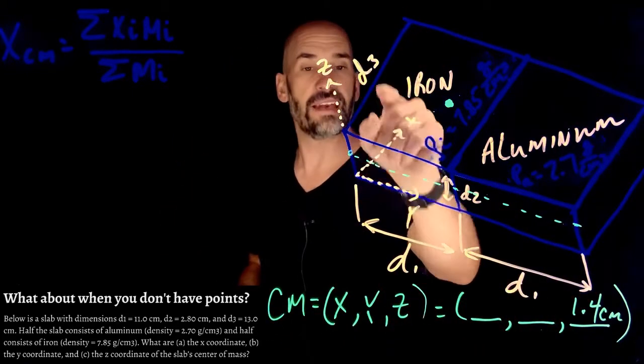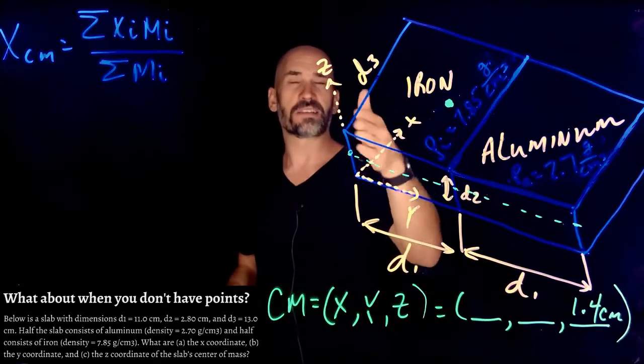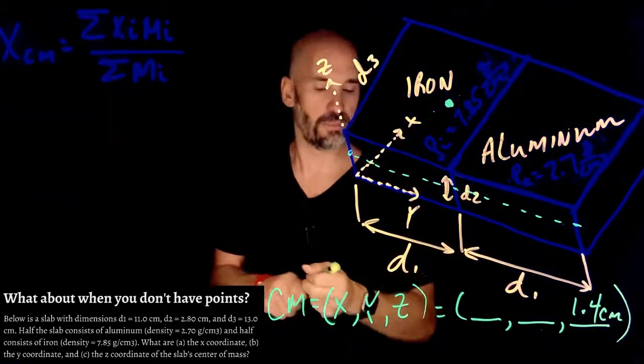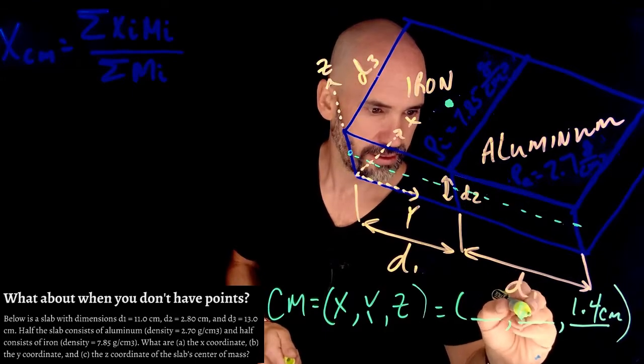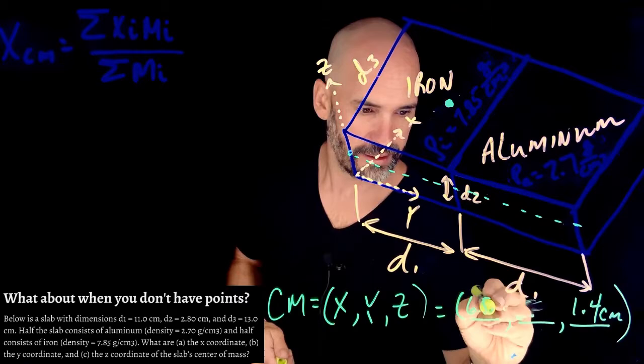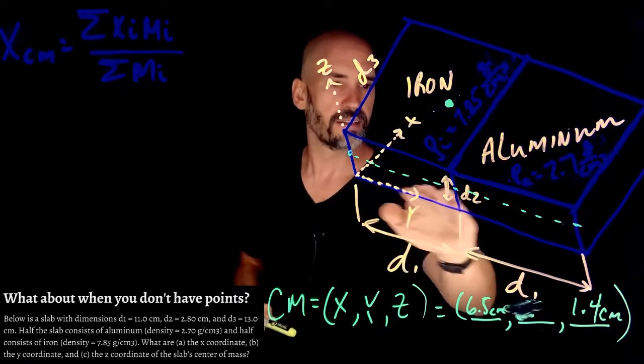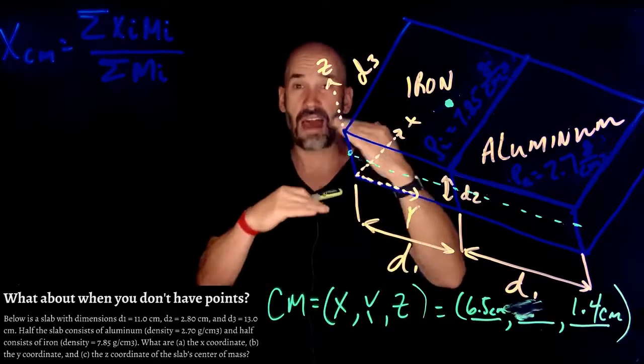So for X, that should be right in the middle, exactly half of D3. It says that D3 is 13. Half of 13 is 6.5 last time I checked. So for X, 6.5 centimeters. X and Z are totally easy because it's just halfway through.